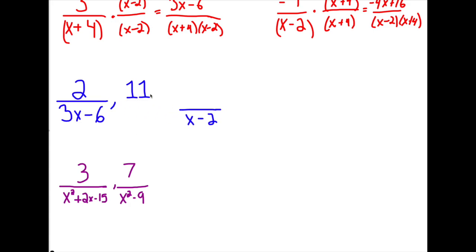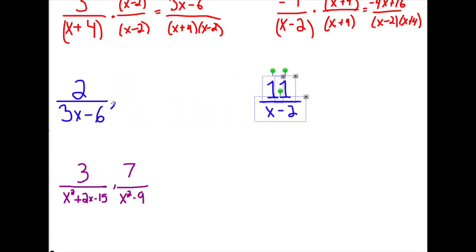Okay, scenario 2 is this right here. One denominator is a factor of the other, and so you need to always be looking for opportunities to factor. Something I can see here is that I need to be ready to look for a greatest common factor. The fact that this is 3 times x minus 2. So we're going to leave this one exactly the same.